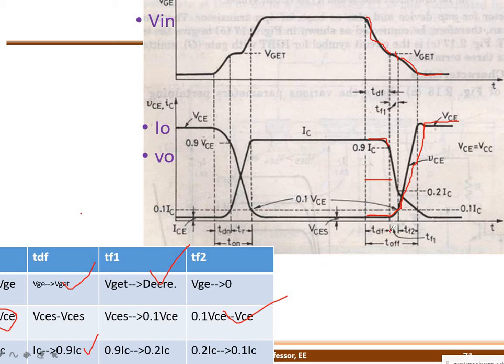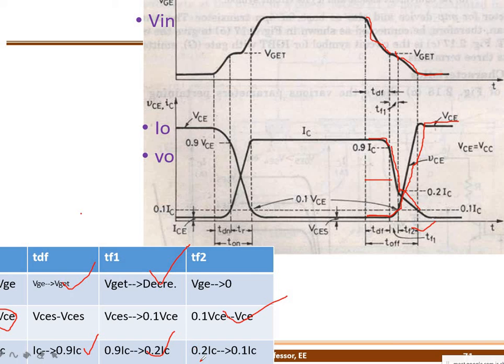The next one, during fall time 1, it is 0.9 IC to 0.2 IC, otherwise simply said, 90% to 20% of IC. Then further, fall time 2 period, what happened? From 0.2 IC it decreases to 0.1 IC.